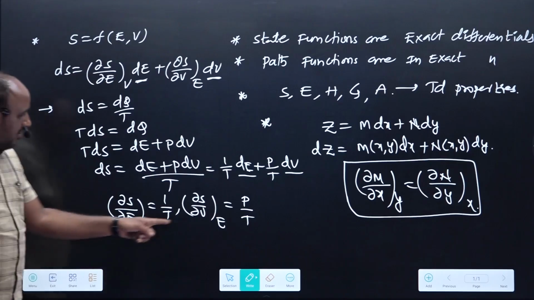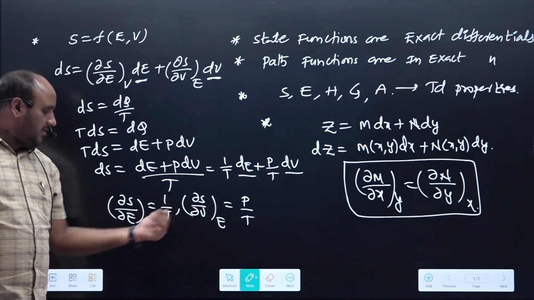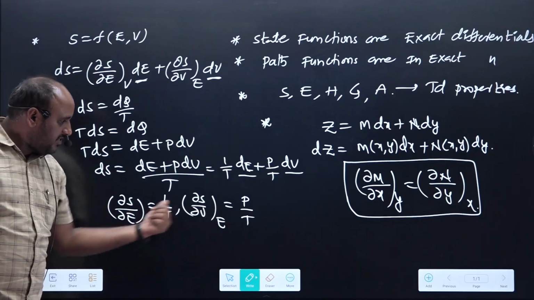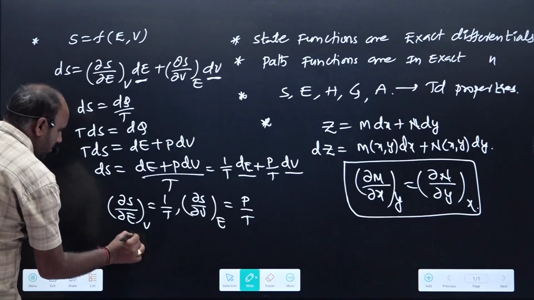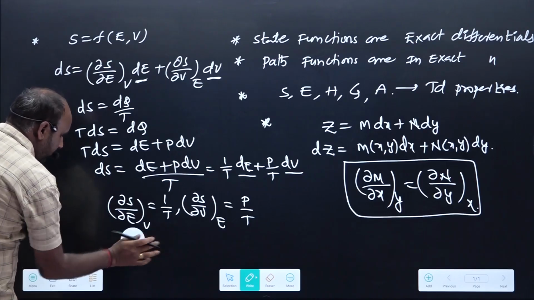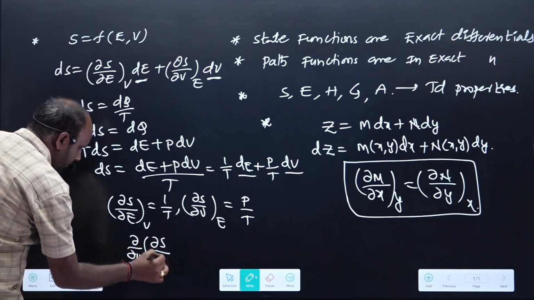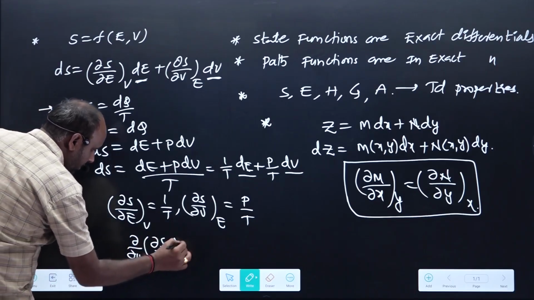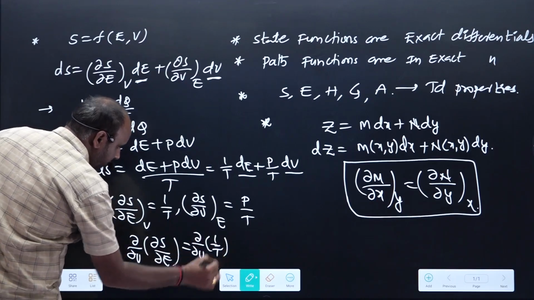So now what is the constant? We have to differentiate with respect to that. Whatever is the constant, we have to differentiate with respect to that, right? So ∂/∂V of (∂s/∂E) is equal to ∂/∂V of (1 by T).